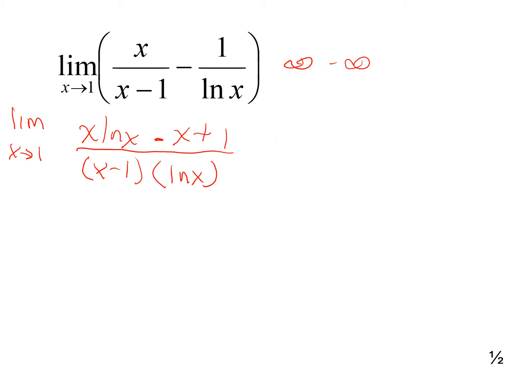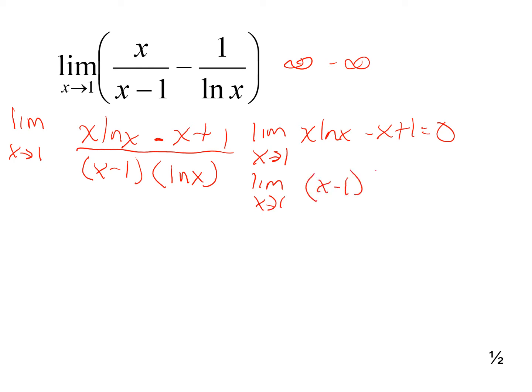So this is the limit. I have to say the limit as x approaches 1 of x natural log of x minus x plus 1 is 0. Then the limit as x approaches 1 of x minus 1 times the natural log of x is also 0. Therefore, L'Hopital.